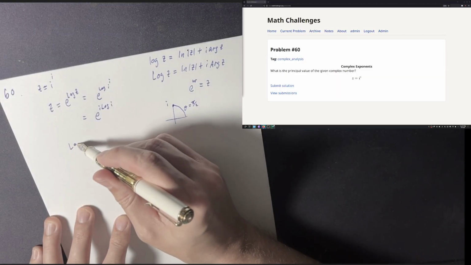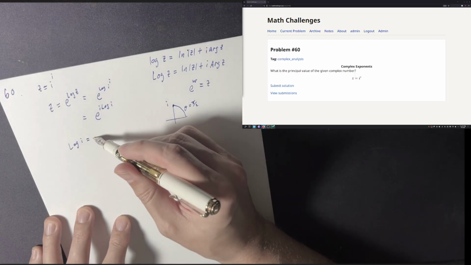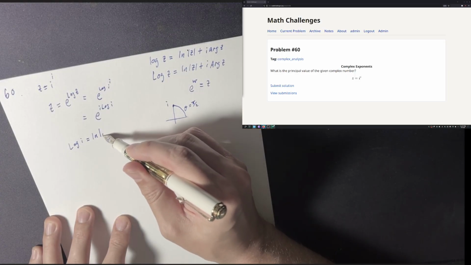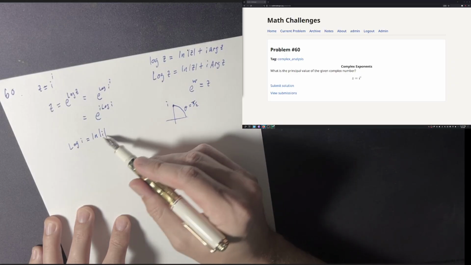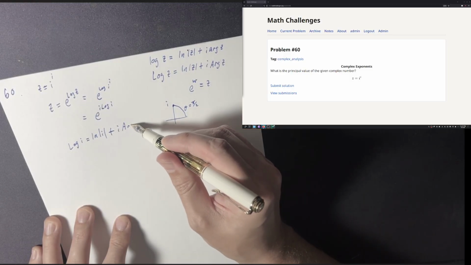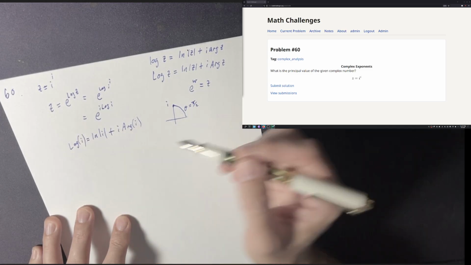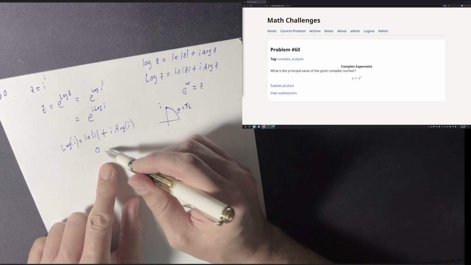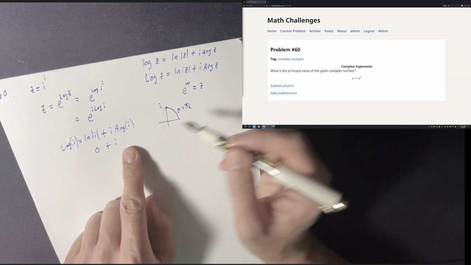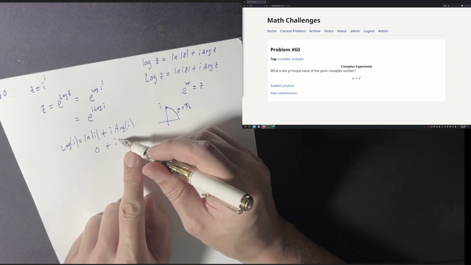So just as a little comment here, log of i is, and I'll just use this definition, the natural log of the magnitude of i, which is 1, so we're getting 0 there, plus i times the argument of whatever this argument is, z. So here we're getting 0, here we're getting i times, and the principal argument is pi over 2.